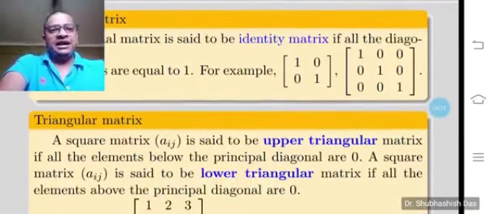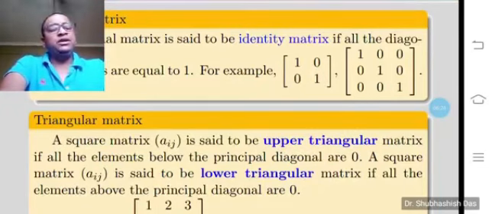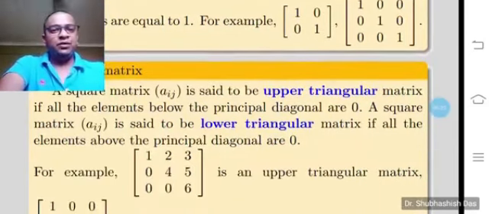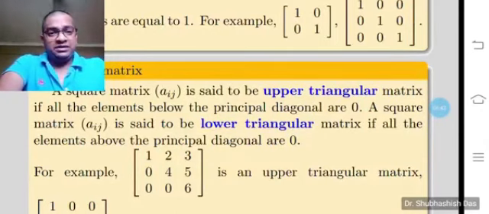Triangular matrix. A square matrix is said to be upper triangular if all the elements below the principal diagonal are 0. The following example, 1 2 3 0 4 5 0 0 6. In this case, all the elements below the principal diagonal are 0. Therefore this is an example of an upper triangular matrix.